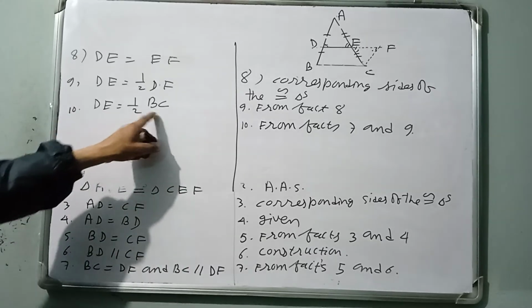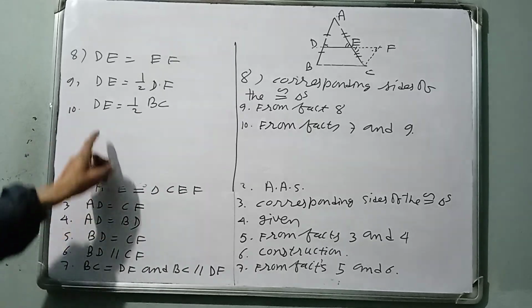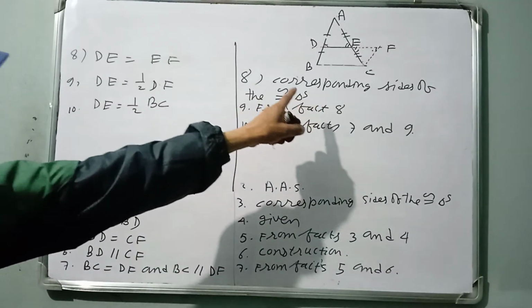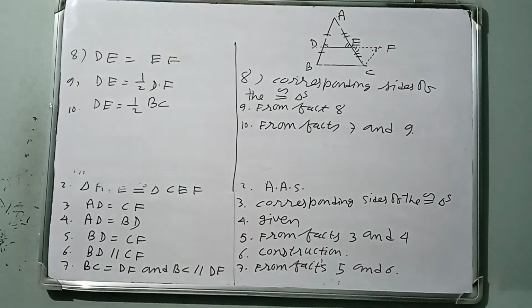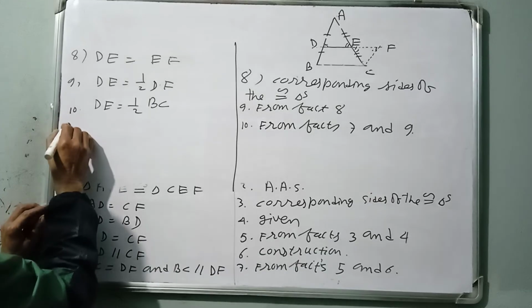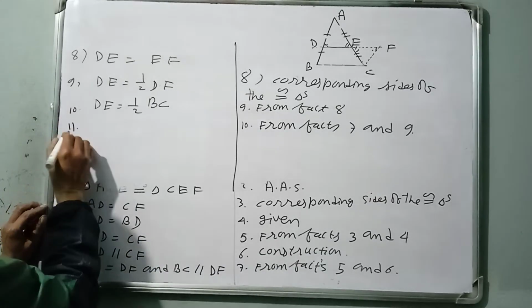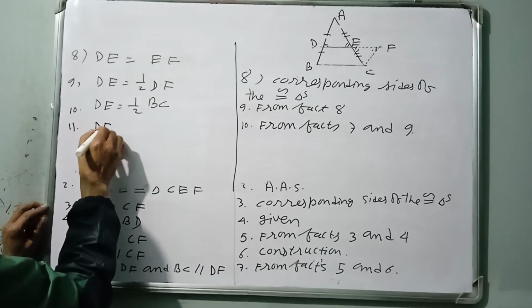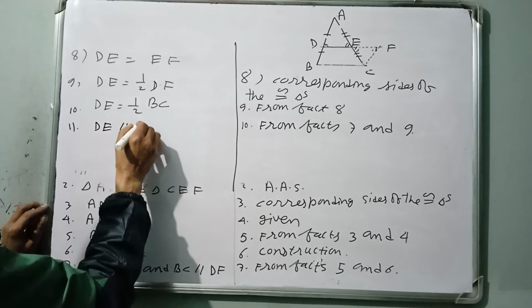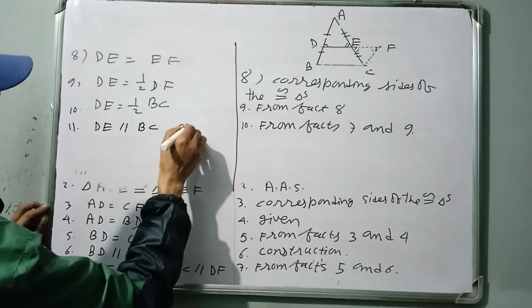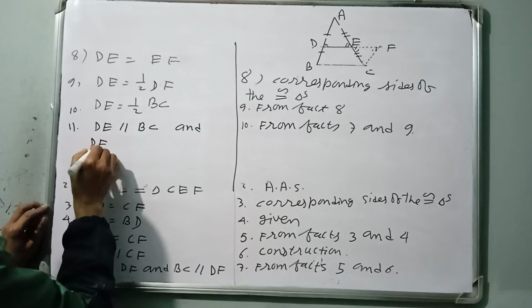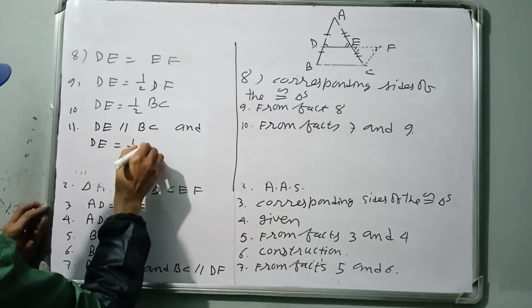But DE and BC are already parallel. Therefore, in number 11, DE is equal parallel to BC and DE is half of BC.